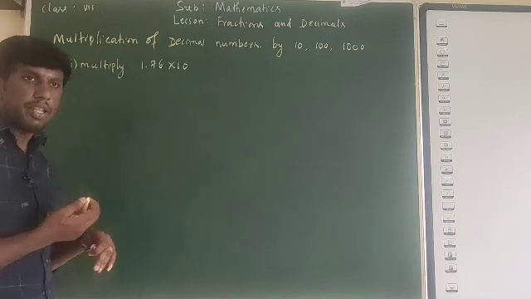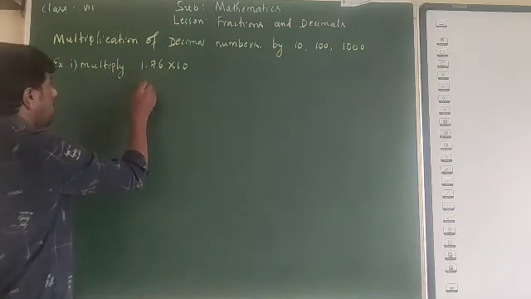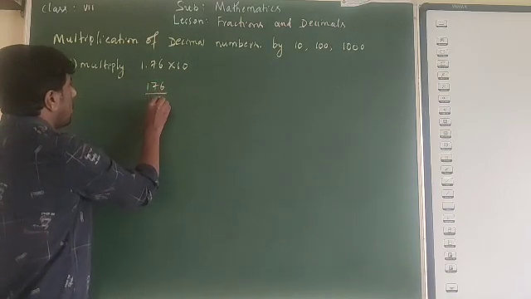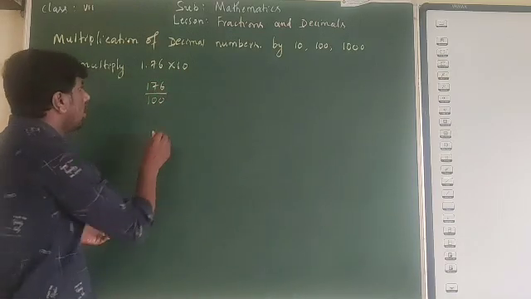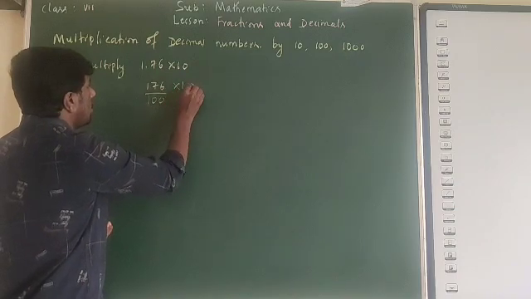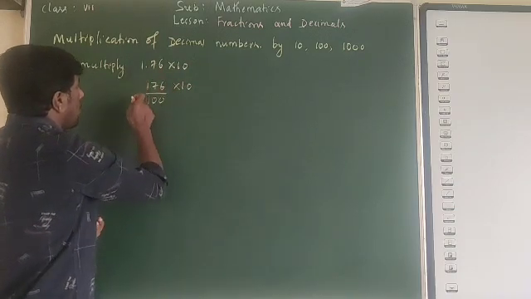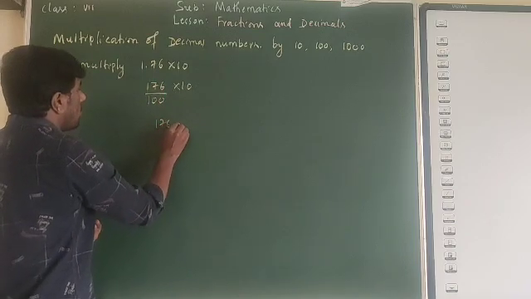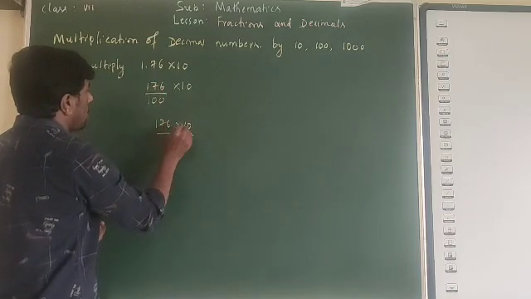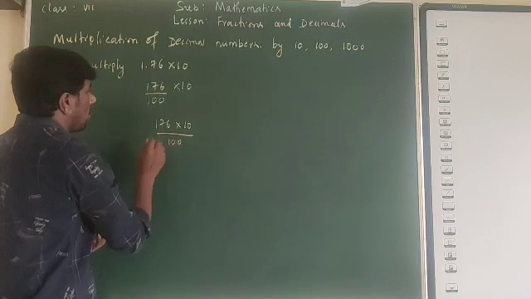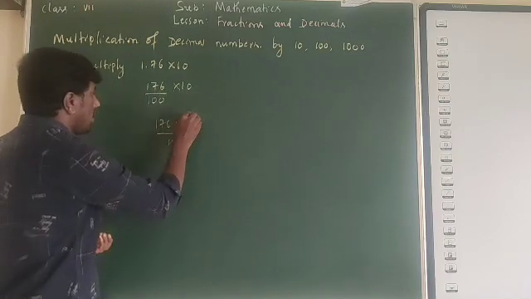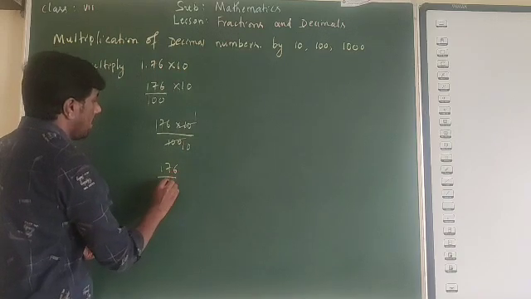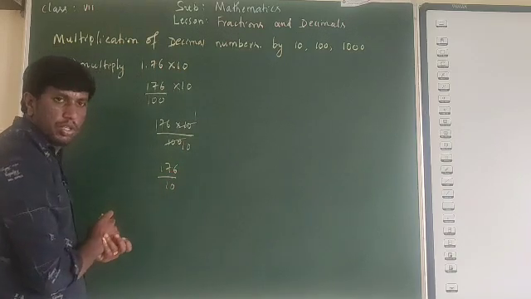I can do it by that method also. We see that 1.76 can be written as 176 divided by 100, correct? Into 10. So it is a multiplication of a whole number by a fraction. So 176 into 10 is the numerator multiplication, then 100. Correct? So 10 ones are 10, 10 tens are 100. What is remaining? 176 by 10.